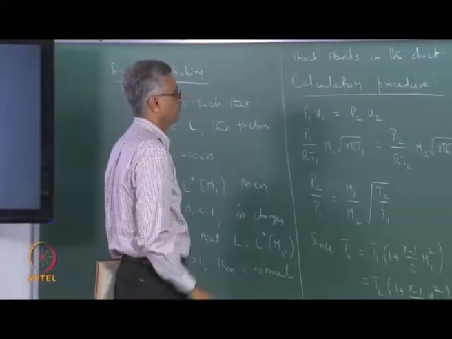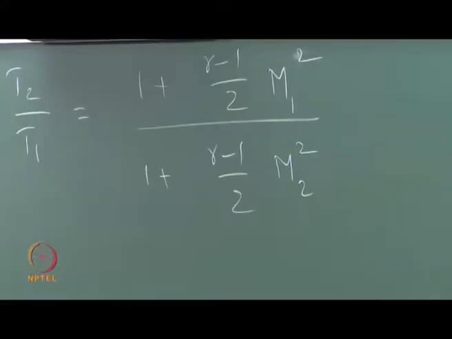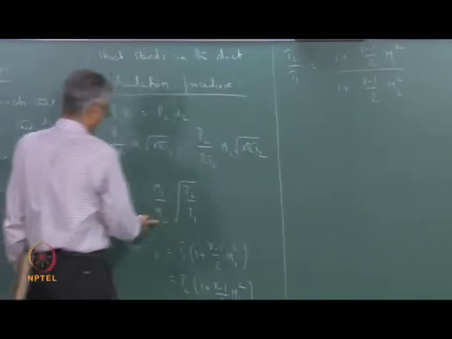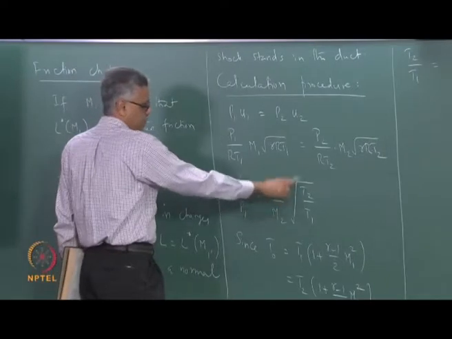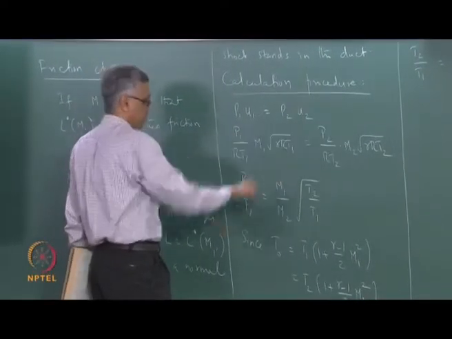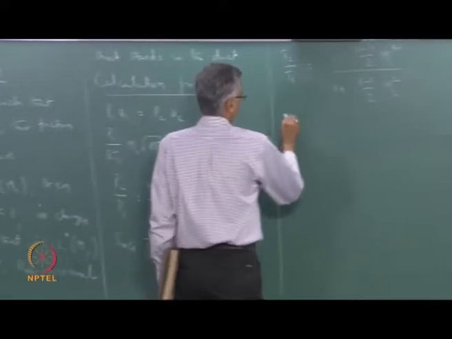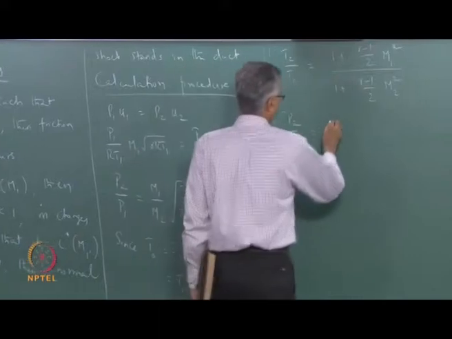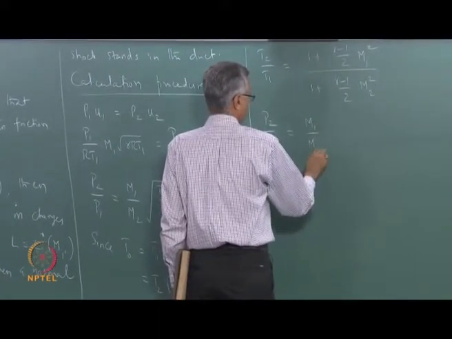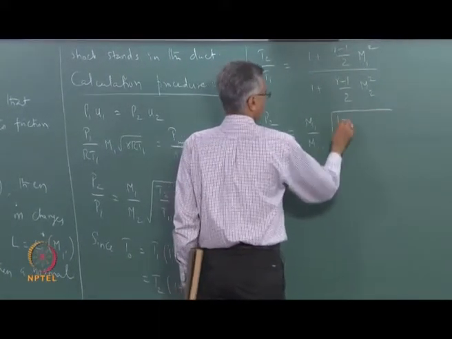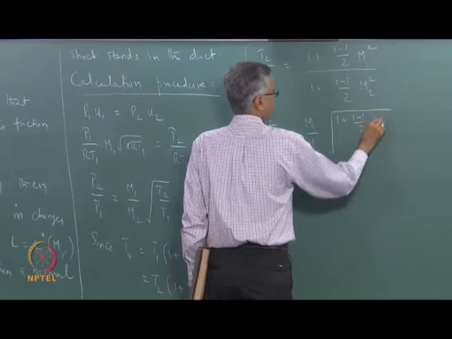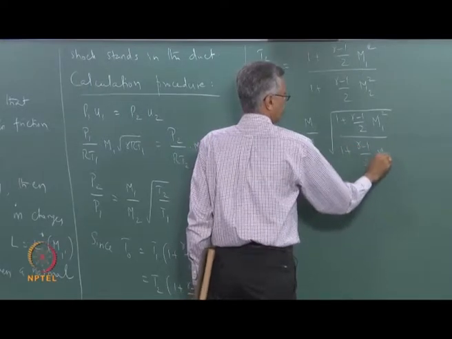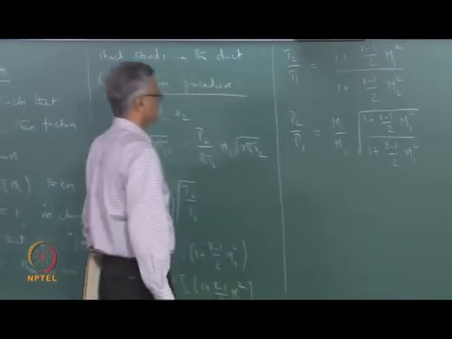And I can actually substitute for T2 over T1 from here into this equation. So, I still have T2 over T1 on the right hand side. So, if I substitute from there, I can get P2 over P1 to be equal to M1 over M2 times square root of 1 plus gamma minus 1 over 2 times M1 square divided by 1 plus gamma minus 1 over 2 times M2 square.